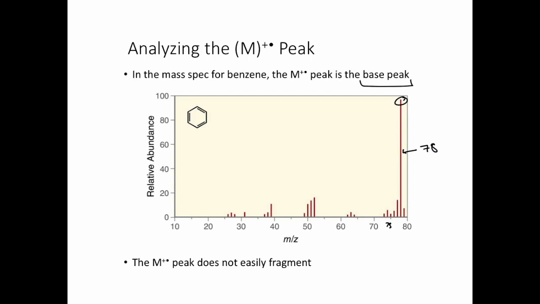This also corresponds to the mass of benzene: 6 carbons times 12 AMUs per carbon plus 6 hydrogens equals 78. All of these other peaks correspond to fragments of benzene.